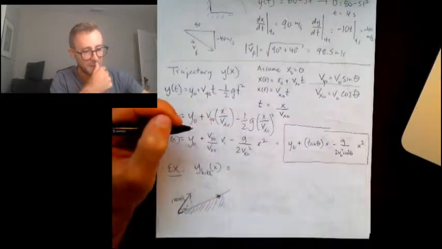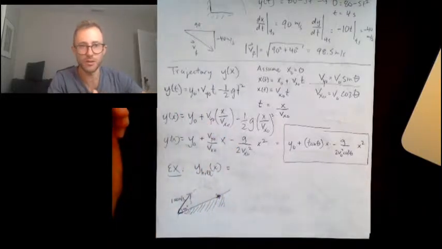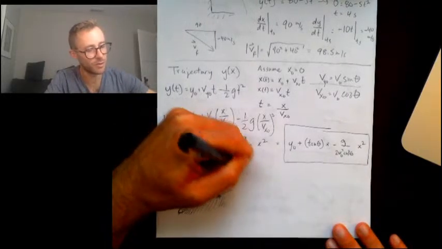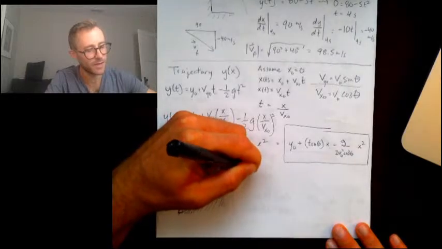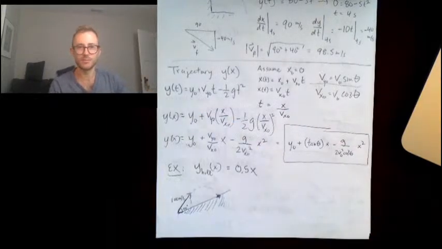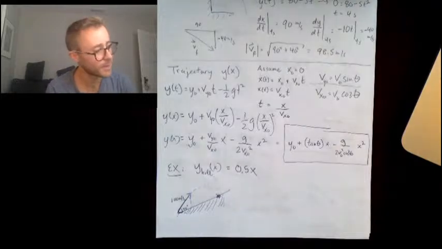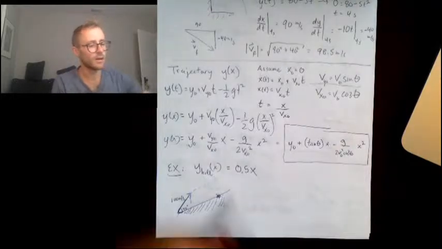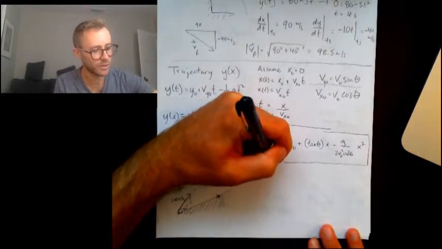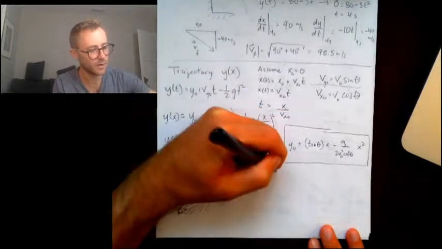So let's just say that the shape of the hill is 0.5x. So it's a linear hill that has a slope of 0.5. All right.